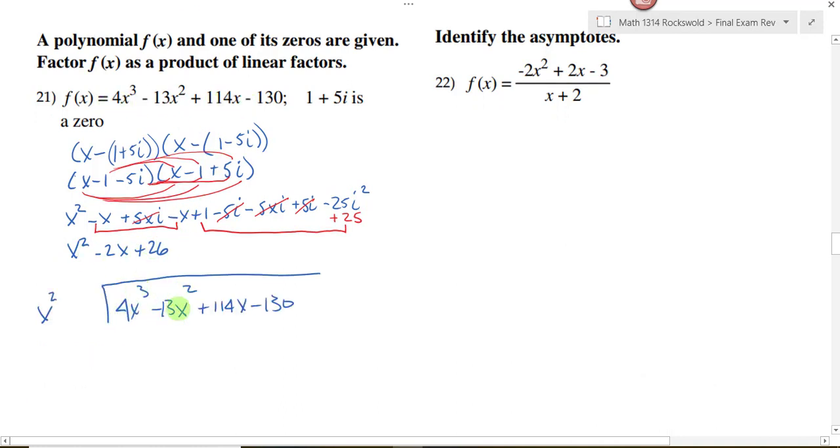4x cubed minus 13x squared plus 114x minus 130 divided by x squared minus 2x plus 26, which is a prime quadratic factor. So that cubic divided by this quadratic using long division is going to give us 4x, and then we multiply. 4x times x squared gives us a 4x cubed. 4x times negative 2x gives us a negative 8x squared, and 4x times 26 gives us 104x.